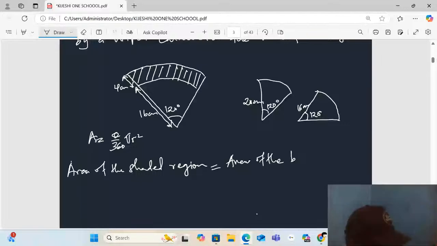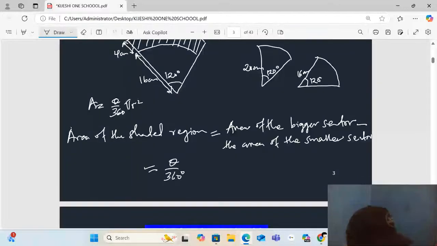Area of the shaded region is equal to the bigger sector, the area as theta over 360 degrees times pi.